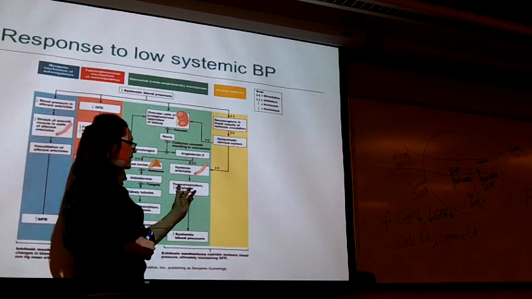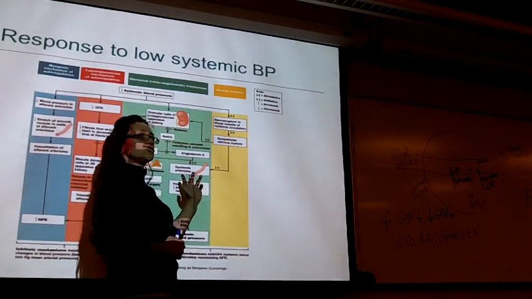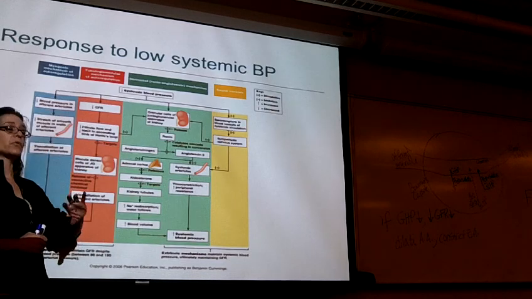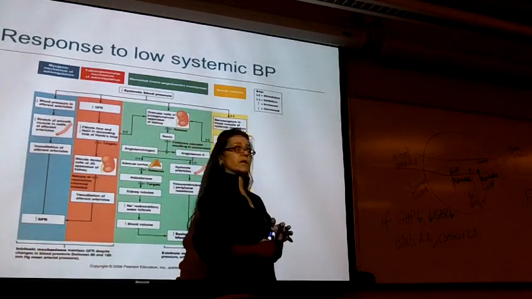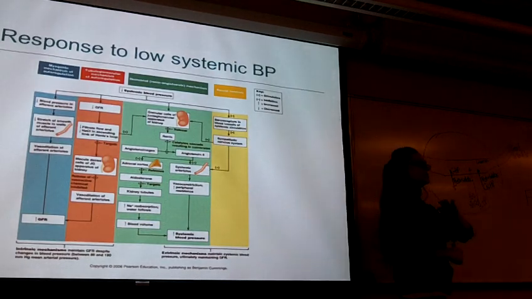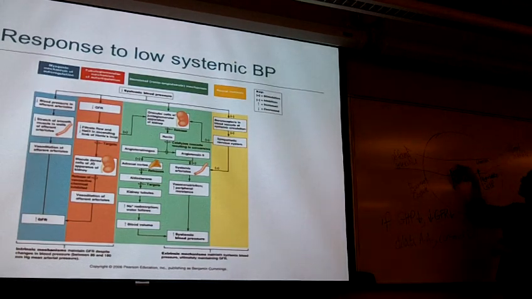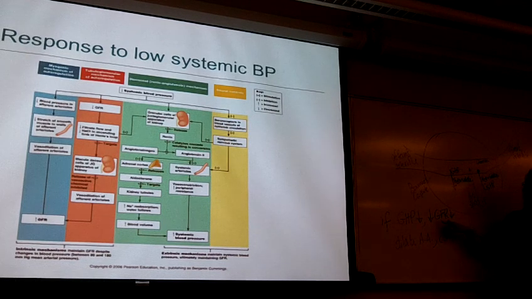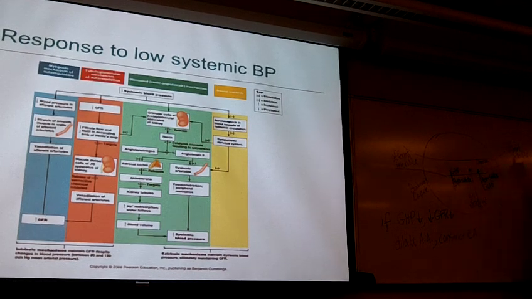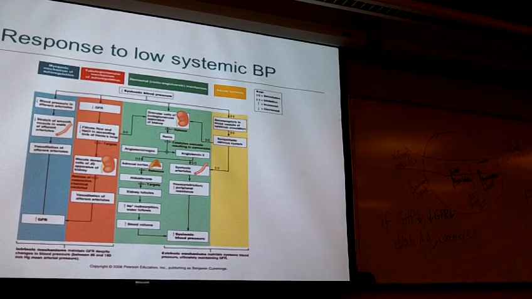And we've already talked about the fact that if you vasoconstrict your larger peripheral arteries, that will increase your systemic blood pressure. And if you increase your systemic blood pressure, the pressure here in the glomerulus will also rise, and that will cause GFR to go back up to 125 mL a minute.